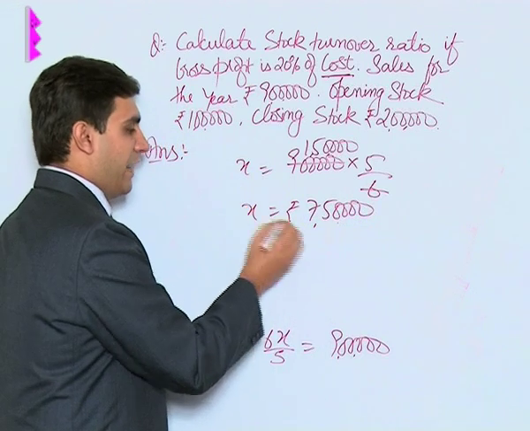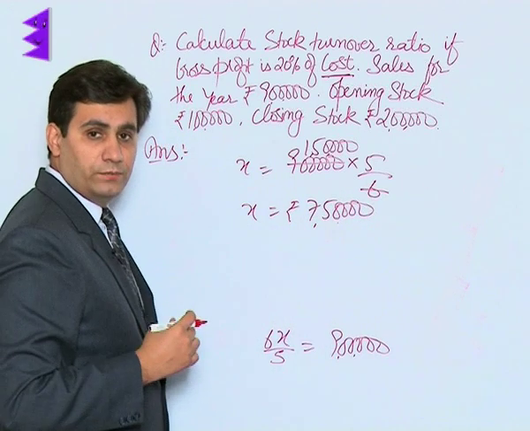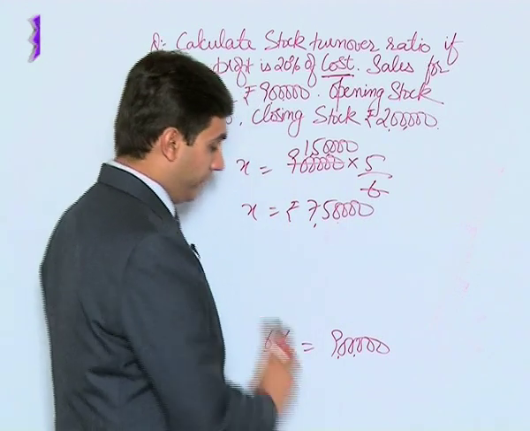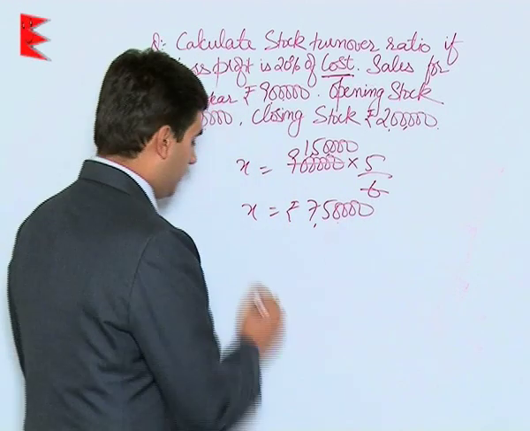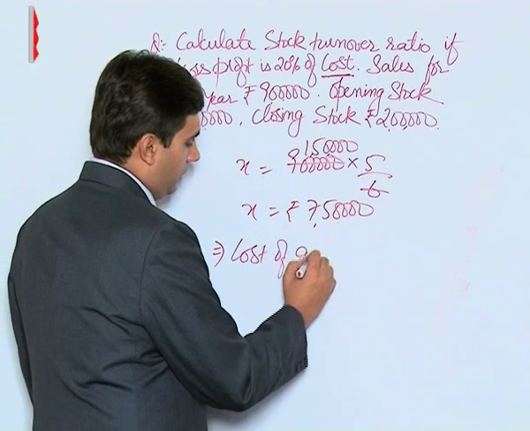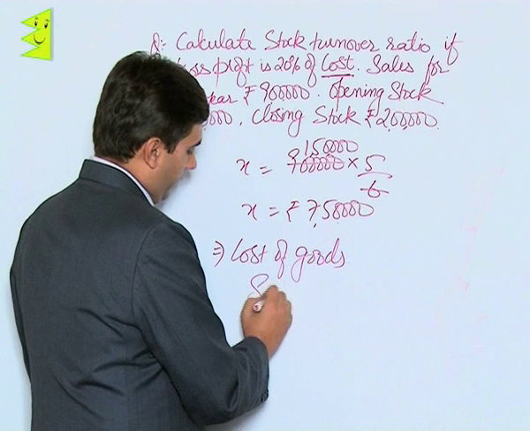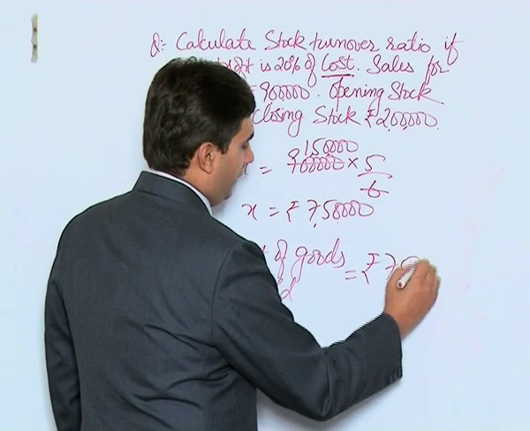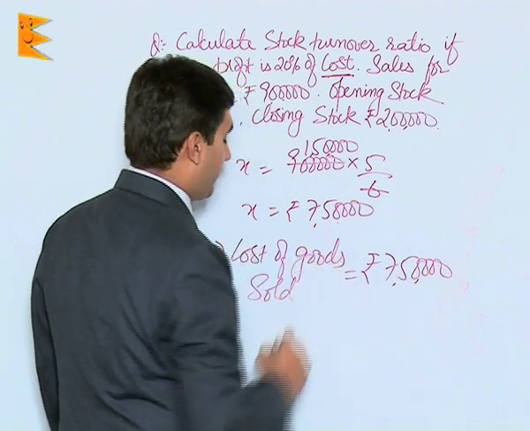Now X is valued at 7 lakh 50,000. We had assumed this X to be our cost of goods sold. So this implies that cost of goods sold is now equal to 7 lakh 50,000 rupees.